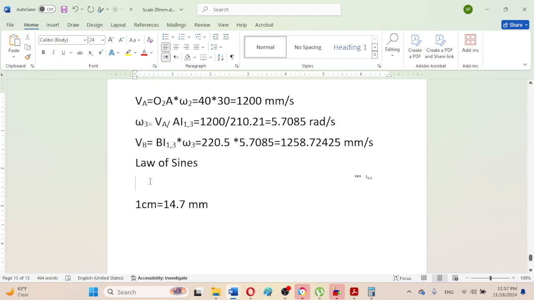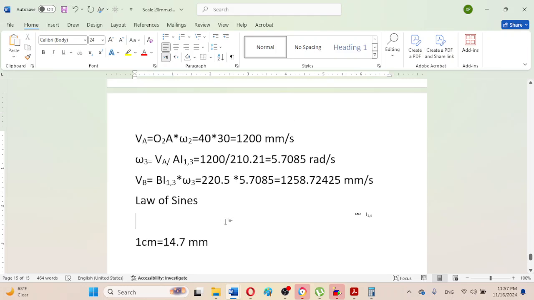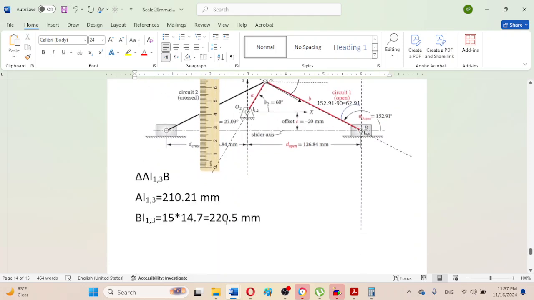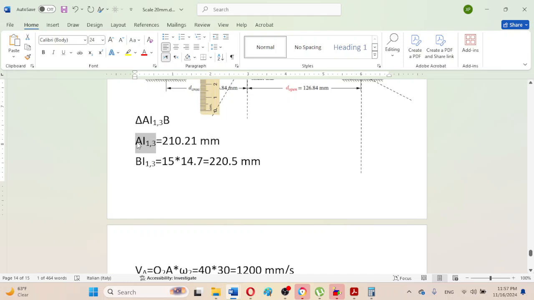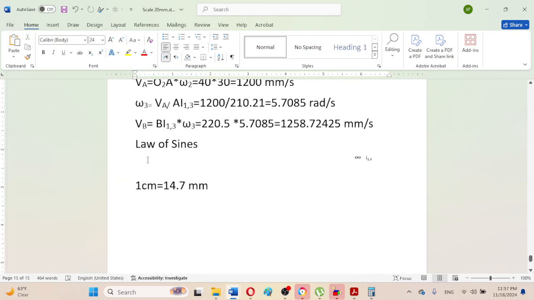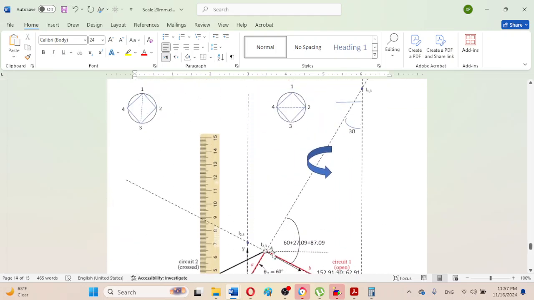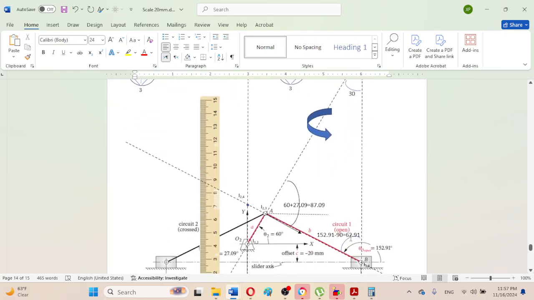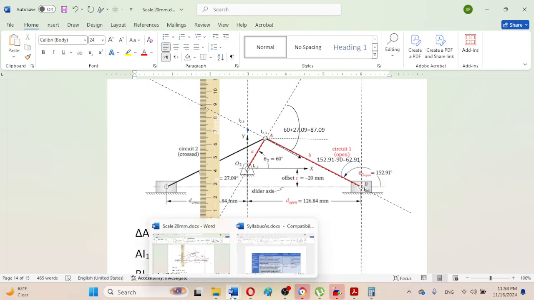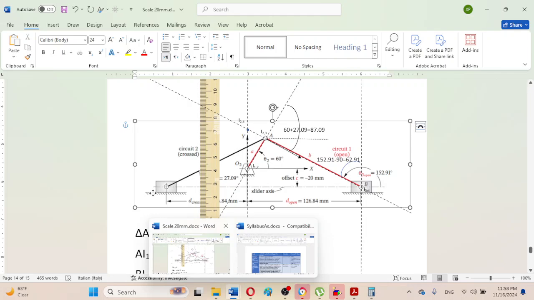Just as a representation, I can mention here ai1,3 divided by sine of, because the angle in front of ai1,3 on this side is this angle 62.91. So I can directly input the angle here.